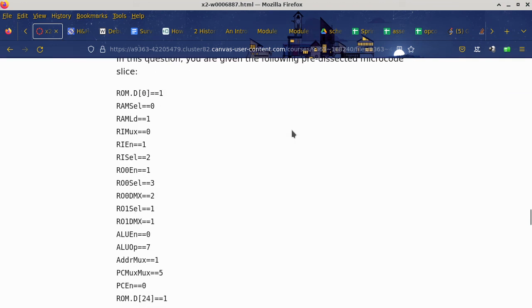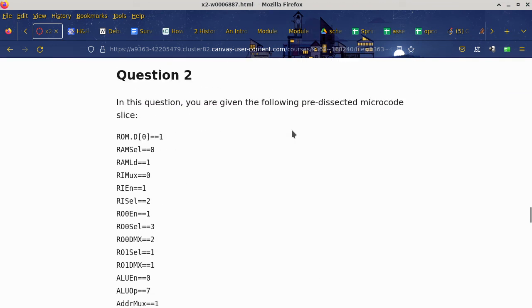So here's the second question. The second question has to do with the processor. So that means you probably will find bringing a diagram of the processor to be helpful. Now, can I give you one in the questions?